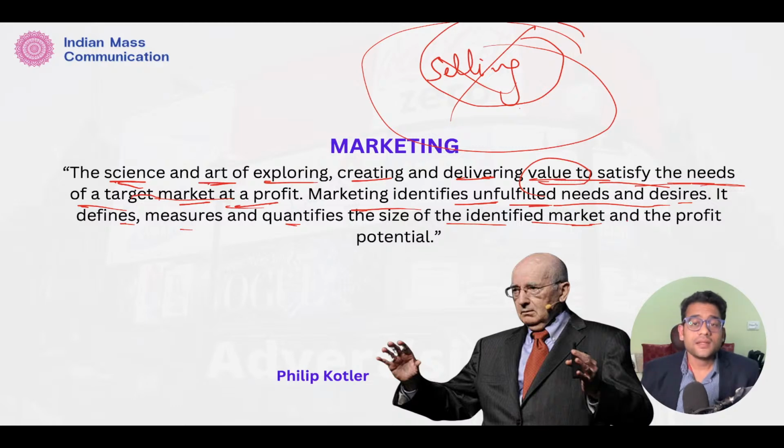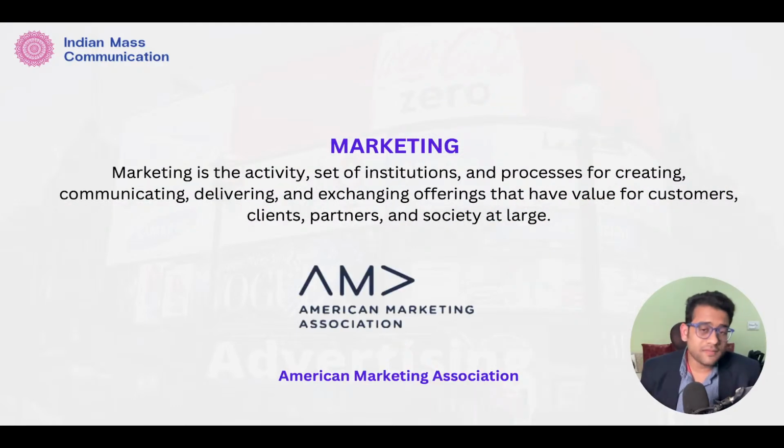Then another very important definition. The American Marketing Association says marketing is an activity, set of institutions. So advertising, then promotion comes, and advertising comes under promotion, product, place, price, all these institutions and processes for creating, communicating, delivering, exchanging, offering that have value for customers, clients, partners, society at large.